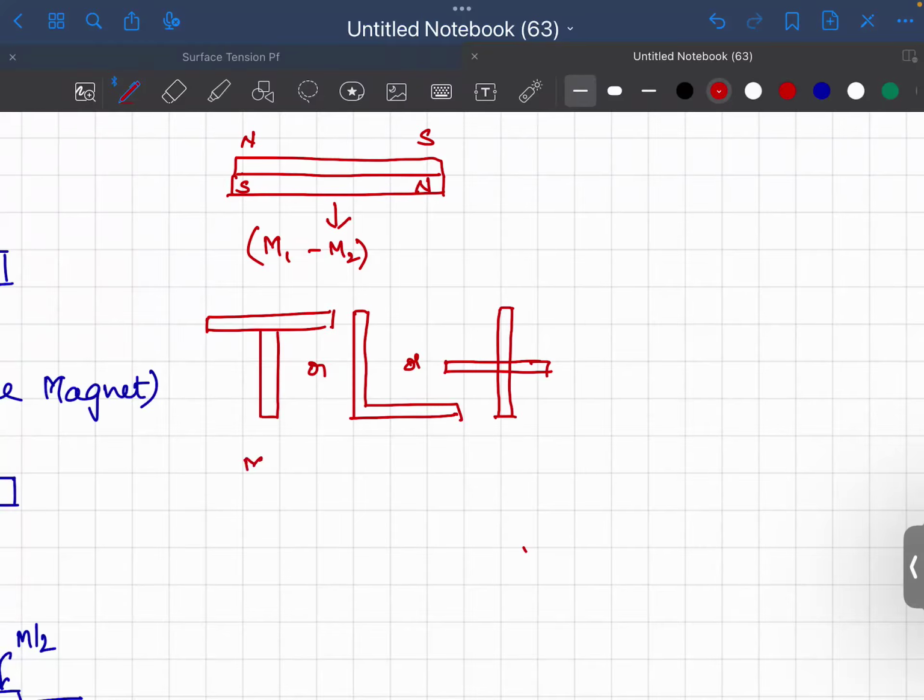The net magnetic moment is under root M1 square plus M2 square. Any doubt?